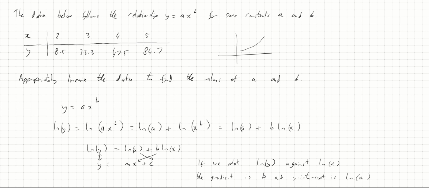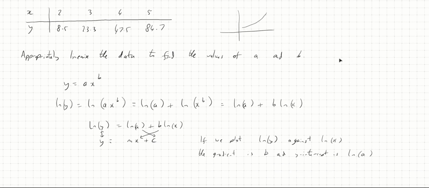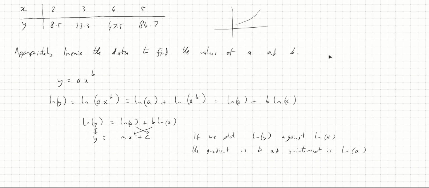First of all, we're going to take our table and take this data here, and rather than x against y, we need to plot log x and log y. So we need to work out those values first of all. I've calculated those already. So log x and log y.